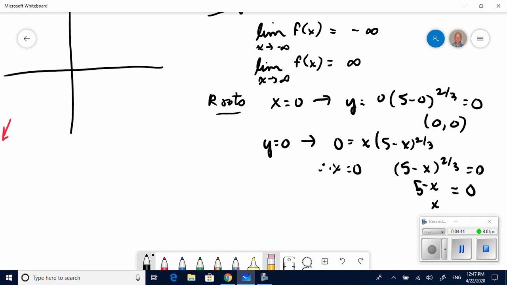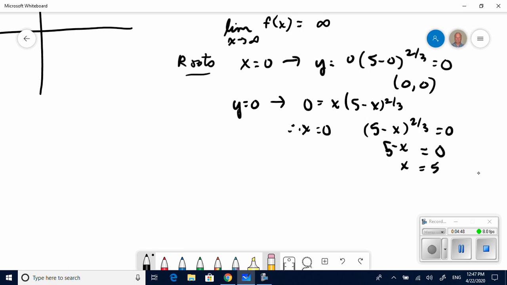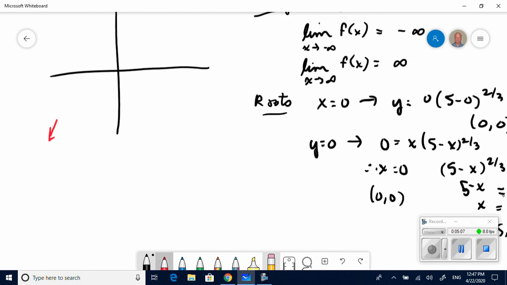So I've got this one here, my origin turned up here, and I've got x equals 5 here. And that'll be the point (5, 0). Just over to my graph, a point here, and a point at approximately (5, 0).